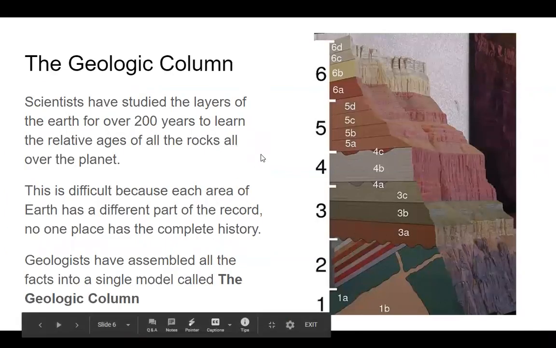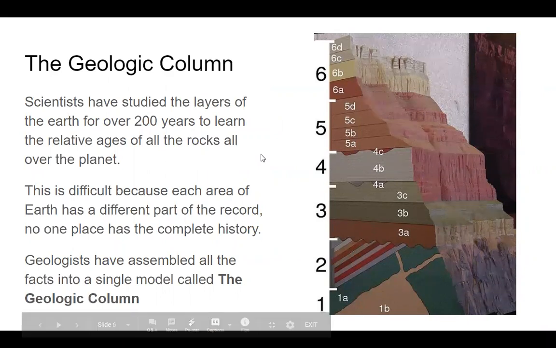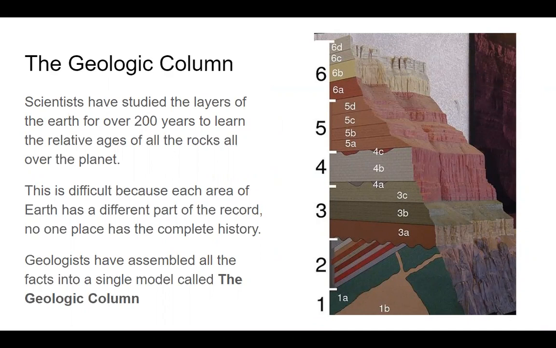So the geologic column is a model of all of the layers of the Earth's history put together. Scientists have put this together over the last 200 years of studying rocks to understand a little bit of the whole history of the Earth, the geologic column.